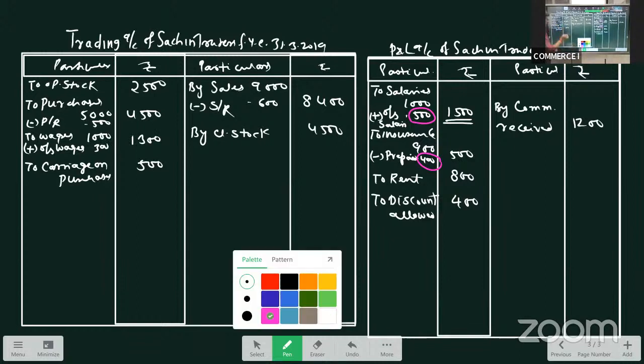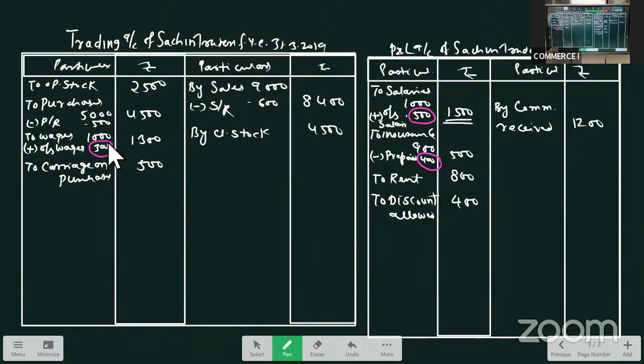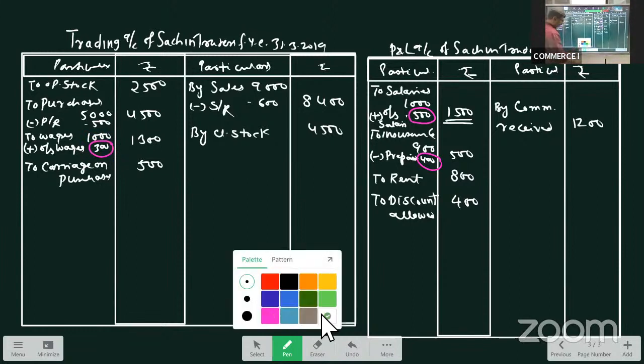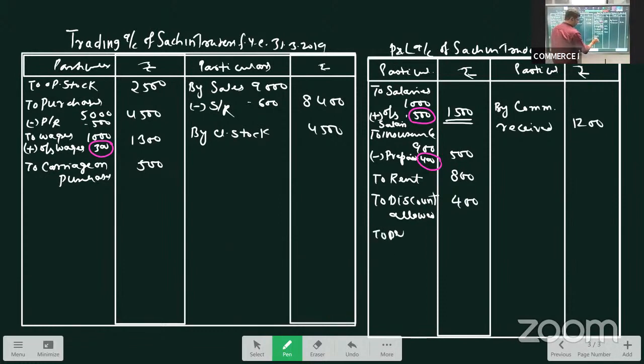And again, this 300 is a liability we show in the balance sheet on the liability side. Depreciation. Depreciation is calculated on machinery at 10%. You see in the trial balance, machinery is given as 5,000. So on 5,000, if you calculate depreciation at the rate of 10%, 5,000 into 10 by 100, it will be 500.